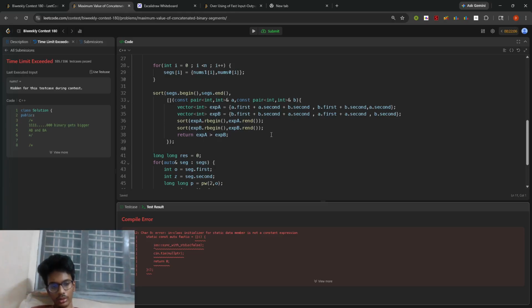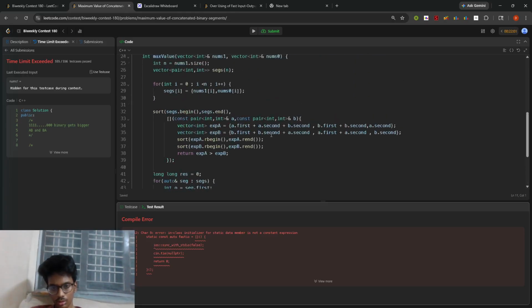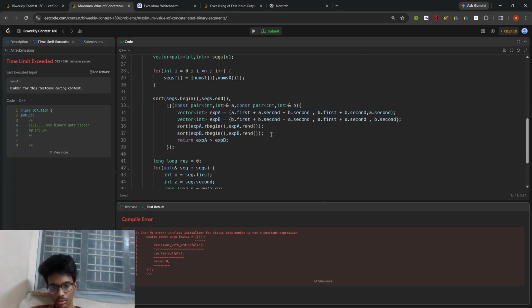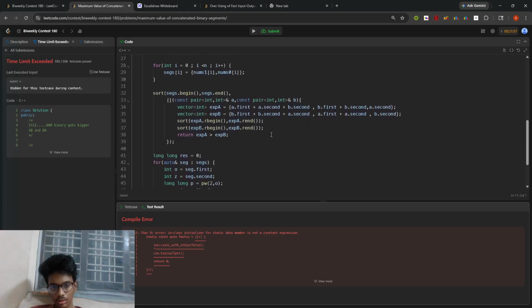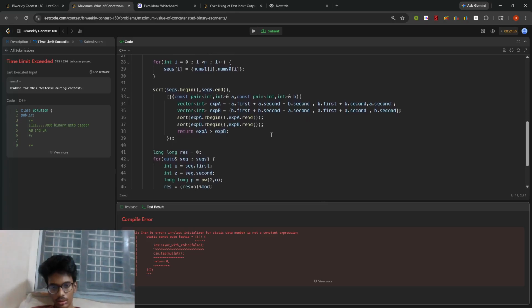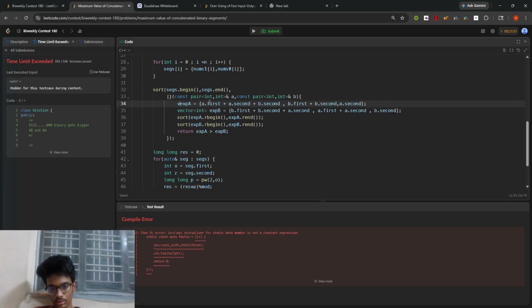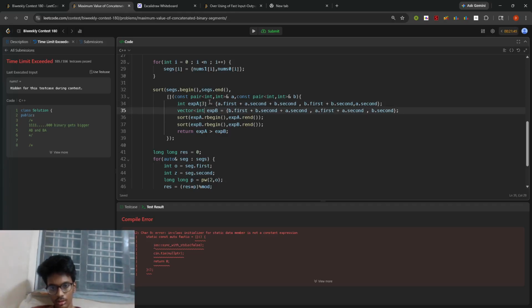And instead of vectors, what if we use normal C arrays of size 3, and this is also of size 3.